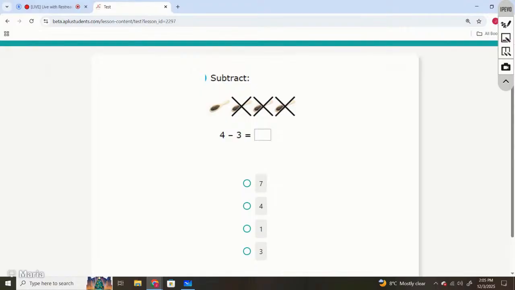So we are left with only one, the one that is not crossed out.